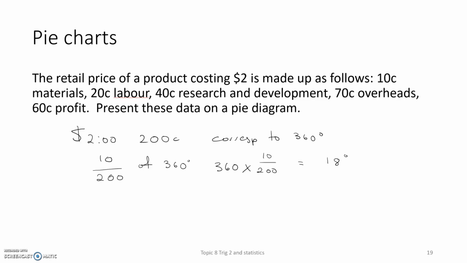So then on our circle, using a protractor, we'll just start somewhere arbitrarily and we would measure off 18, which is not very much. Then we would either use a colour code, or we would squeeze in there that was materials. And you might say it's 18 degrees, or you might say it's 10 cents or whatever.